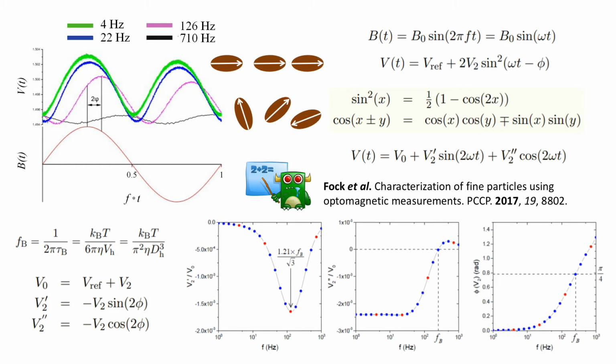And the phase is just mathematically calculated as the arctangent of the real part divided by the imaginary part. It's what MATLAB does. All of the three outcomes of the optomagnetic biosensor can be used to quantify signal.